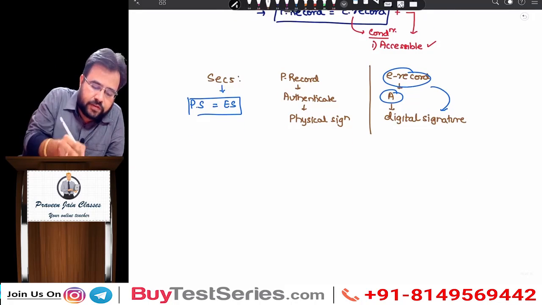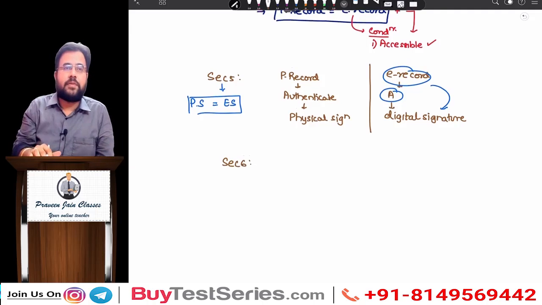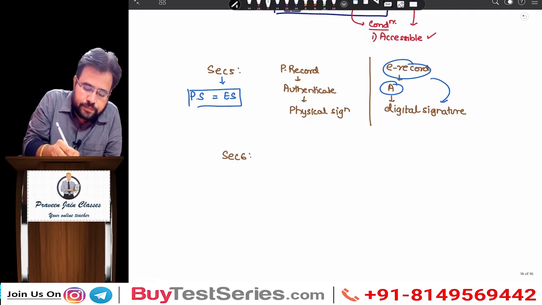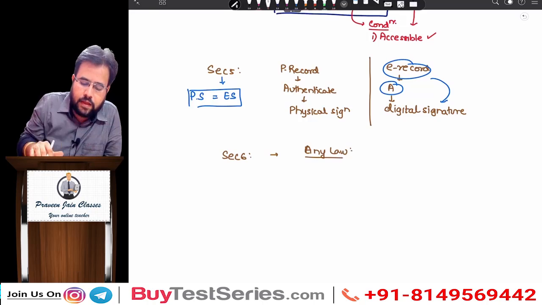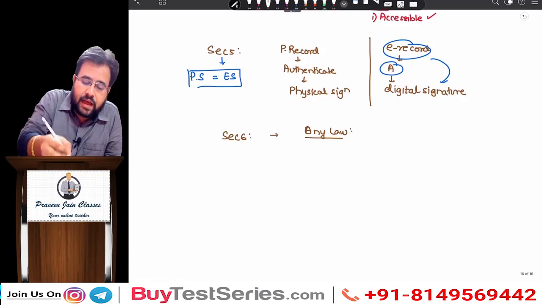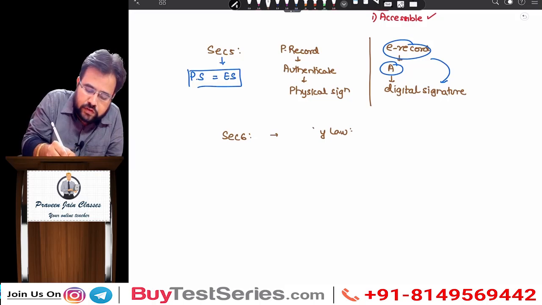Okay, very good, sir. Section number 6. Now section number 6 is talking about many things, sir. As per any law, so what was happening as per any law? Any law means law framed before the IT Act 2000, sir.